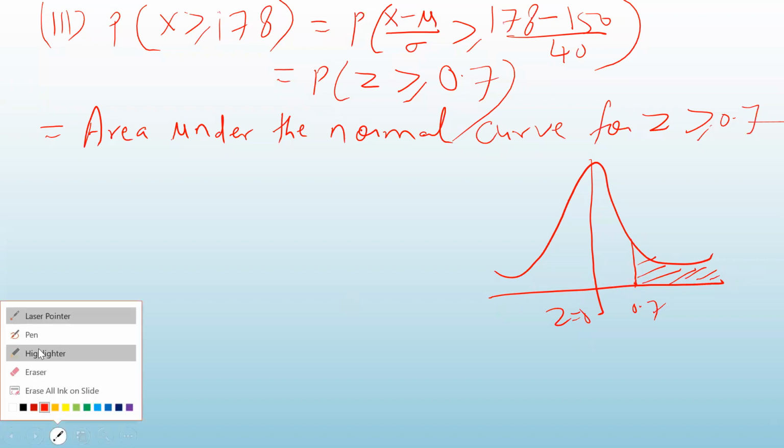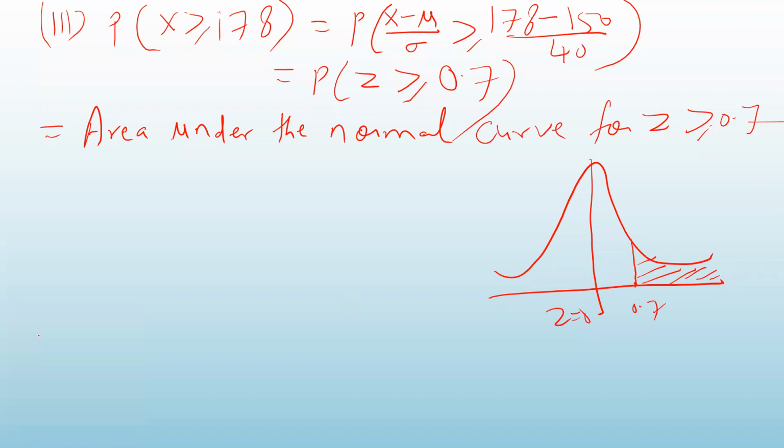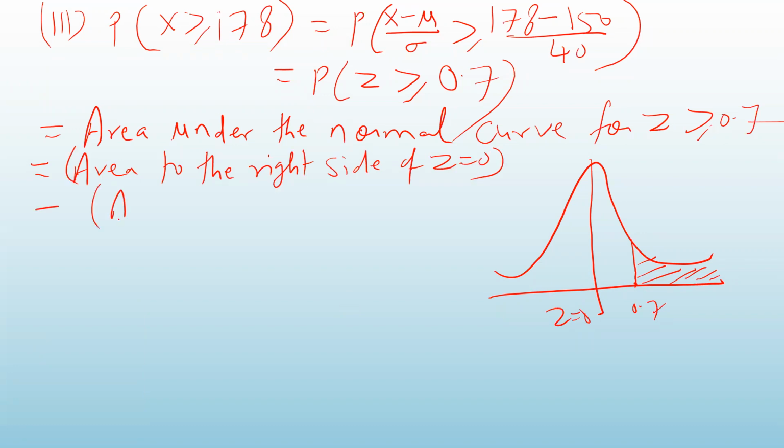So that can be written as the area to the right side of z equal to 0 minus the area between z equal to 0 and z equal to 0.7.